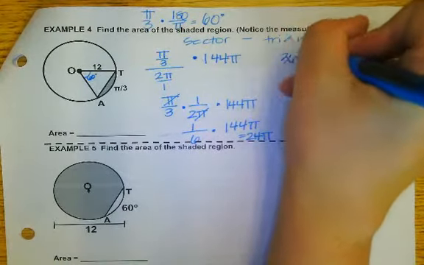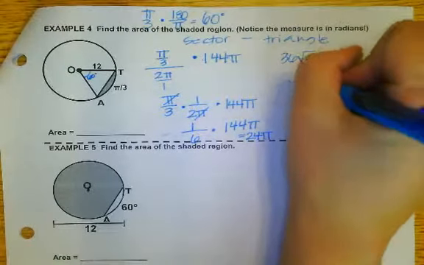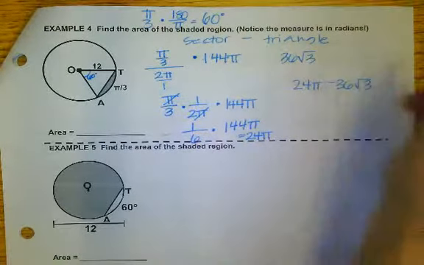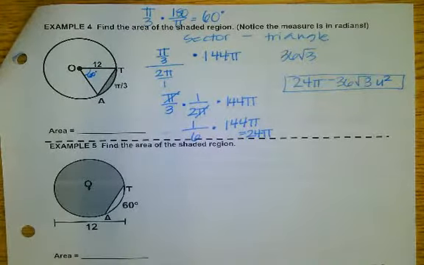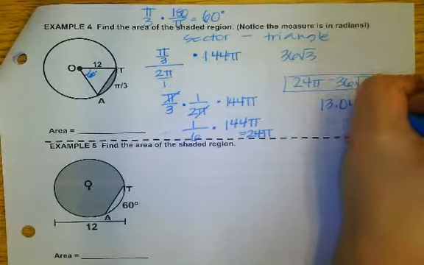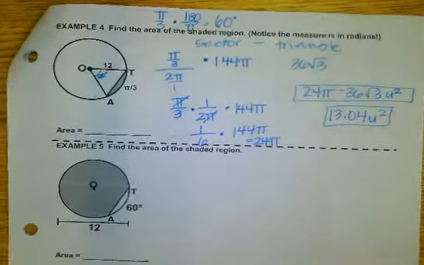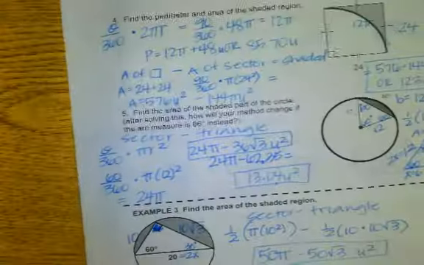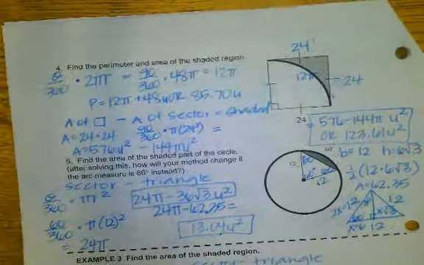If you round it to the nearest hundredth, what do you get? 13.04 units squared. So the point of this problem was to see it done in radians because it's the same exact problem as 5. Just 5 was with degrees and this one's with radians. And this is probably the most tricky part because people don't know how to simplify this.